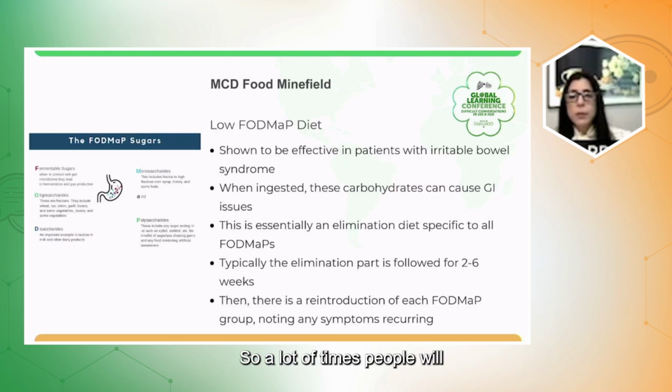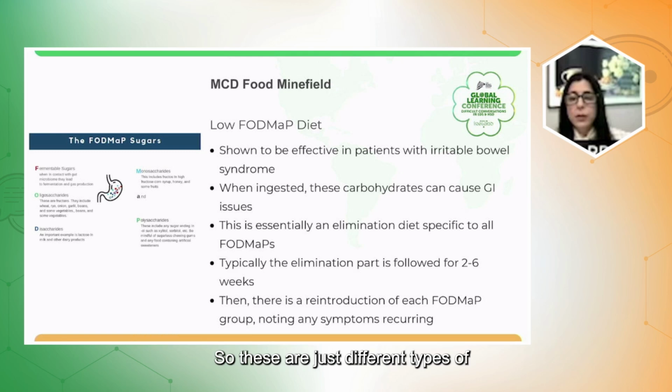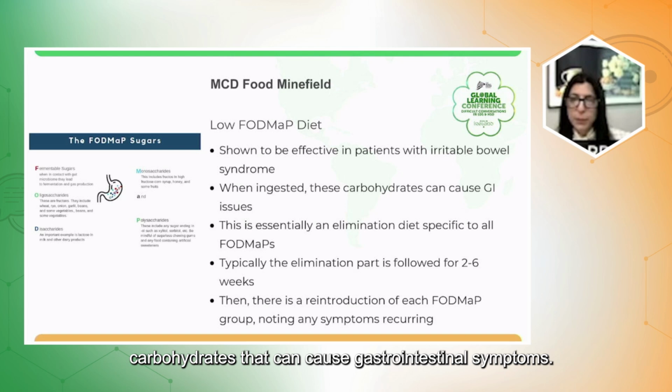A lot of times people will talk about the low FODMAP diet, and this is an elimination and reintroduction diet. It is shown to be effective in patients who have irritable bowel syndrome. So what is a low FODMAP diet? The FODMAPs are fermentable oligosaccharides, disaccharides, monosaccharides, and polyols. These are just different types of carbohydrates that can cause gastrointestinal symptoms.